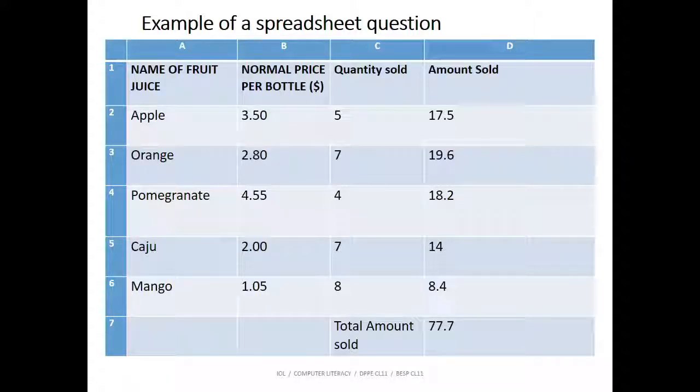Now on Microsoft Excel, I can ask you a question like, how many columns are there on this spreadsheet? Let's look at the columns. Can you see? A, B, C, D. So meaning we have column A, column B, column C, column D. So how many columns are there? 4 columns.